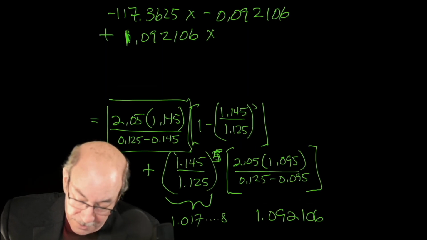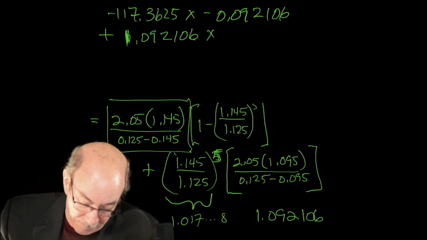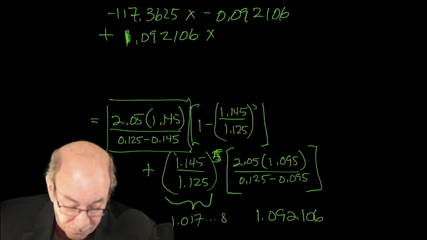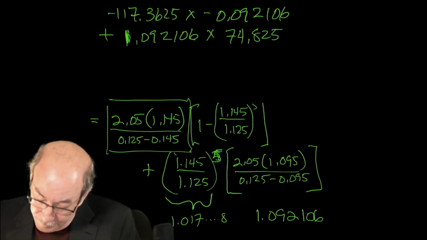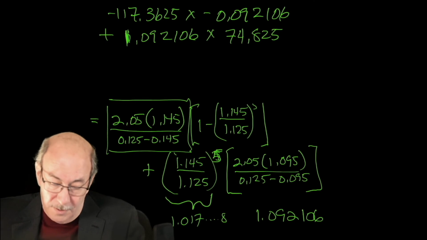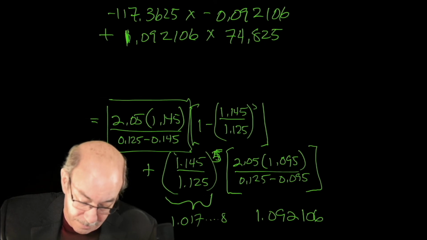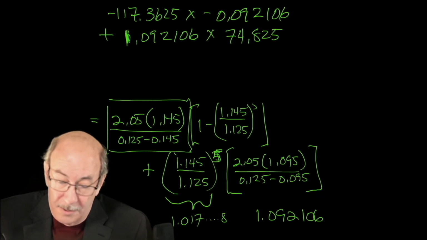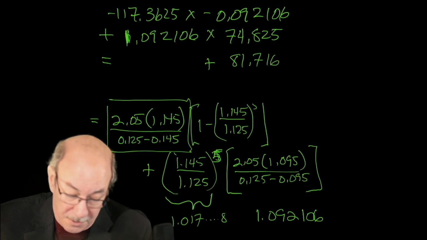I invert that, and I multiply by 2.05, multiply that by 1.095, and I end up with 74.825. And then multiply that by 1.09. That gives me, so this is equal to some value plus 81.7168.